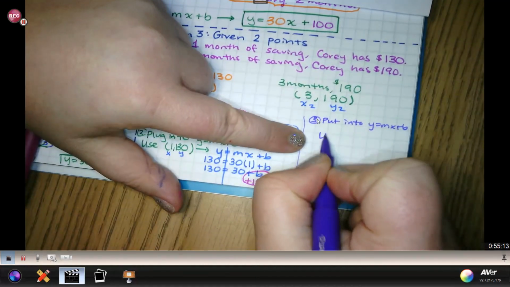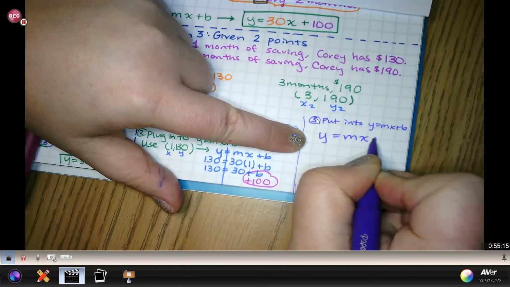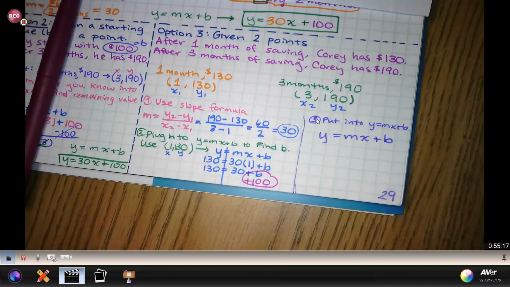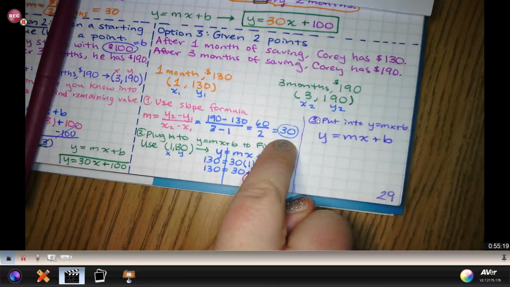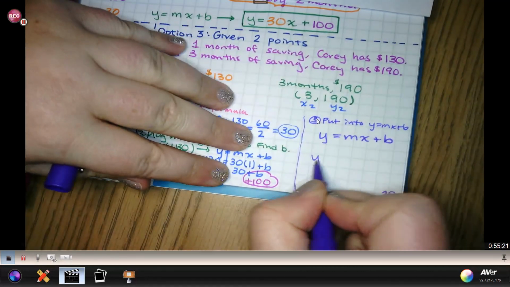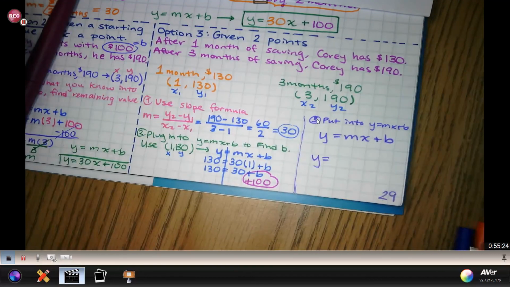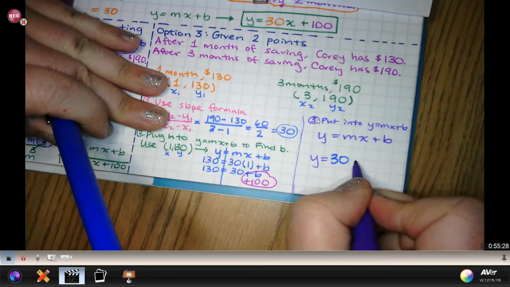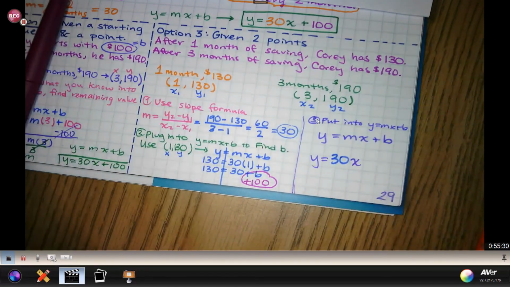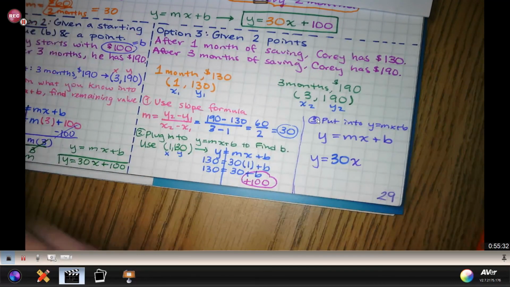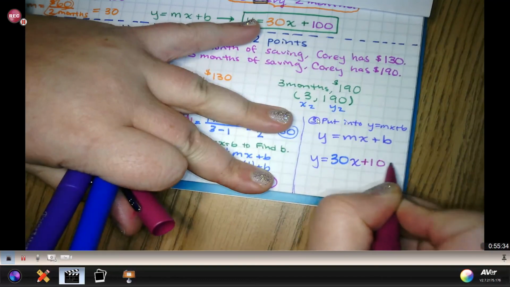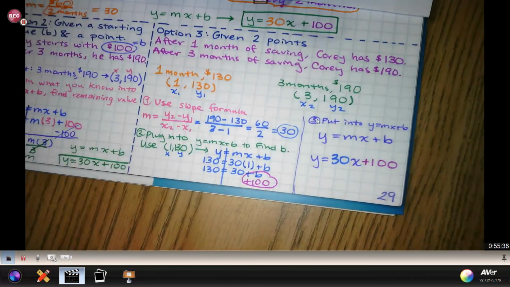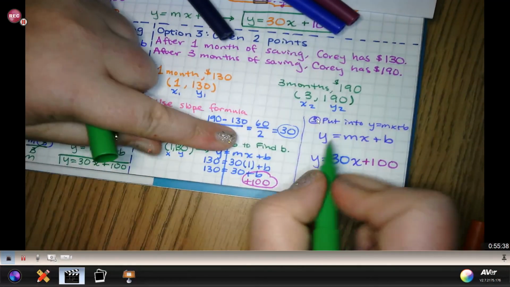So sorry guys. y equals mx plus b. So now m is 30. So y equals, put in 30 for m, and then x, and then plus 100 for b. And that's it. There you go.